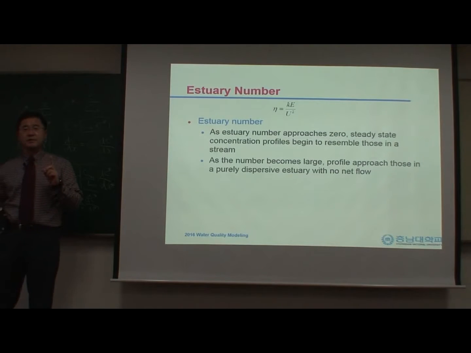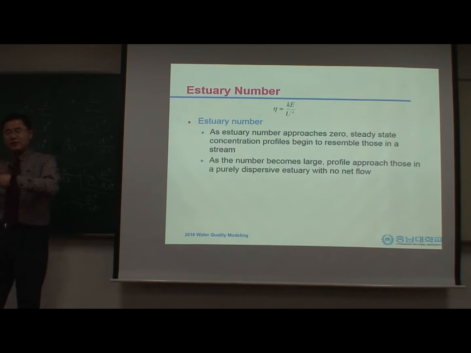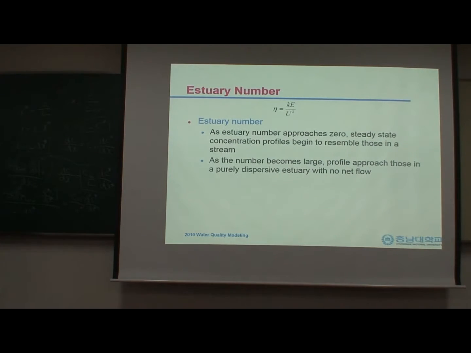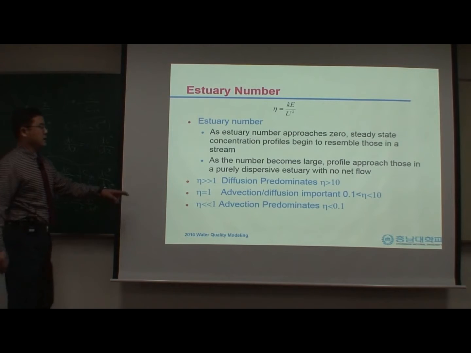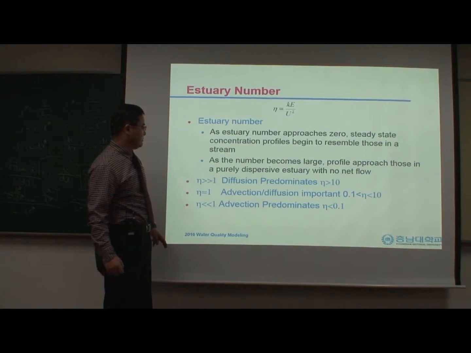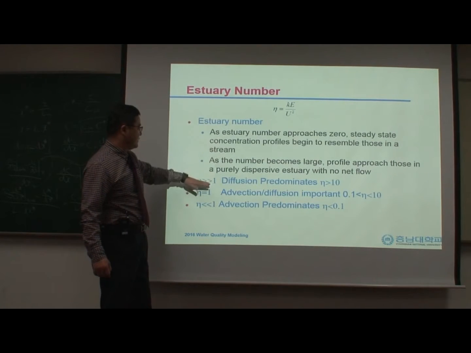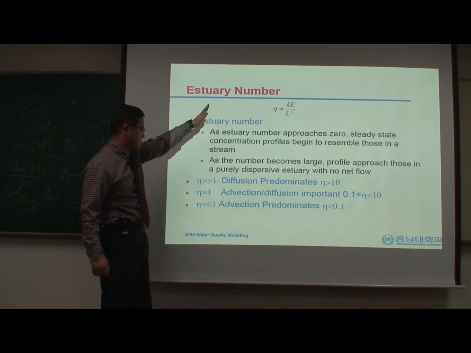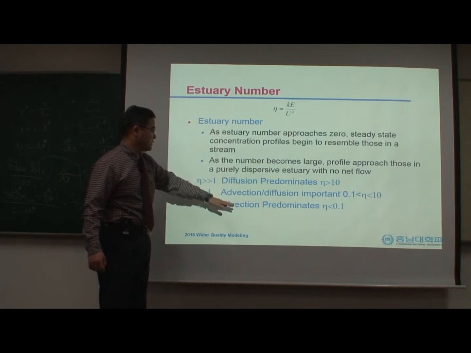When you write papers, when you write reports, you need to somehow use tools that you can use mechanically, okay? Then that kind of thing makes your life a lot easier. Okay, so in this case, if this one is called eta, it says if this is bigger than 1, dispersion is big, and less than 1, advection is big.